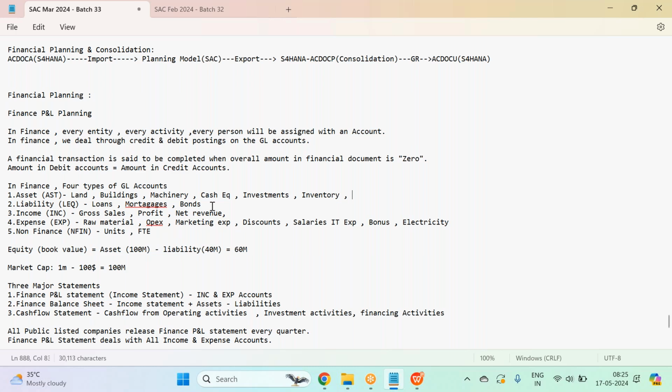You took some loan, it will fall into the liability category. You spend some expense on, suppose, labor cost, that falls into the expense category. Most of the accounts fall into the expense category, around 70-80% of accounts.